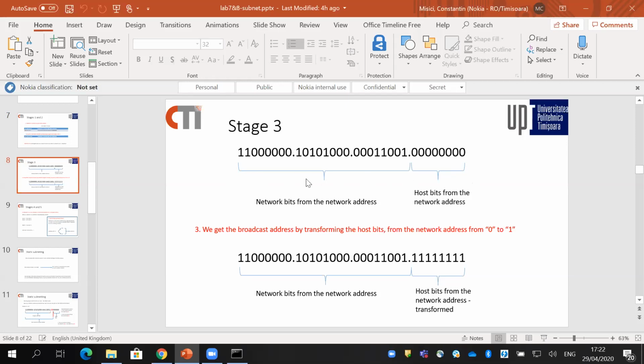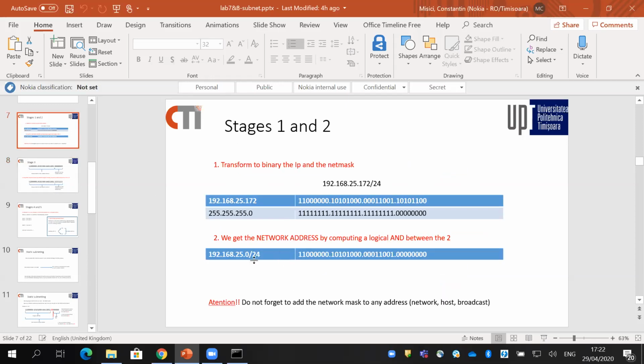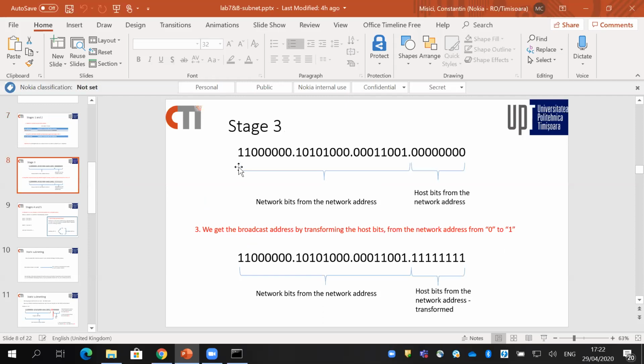These 2 categories are separated by the network mask. In our case, the network mask was /24. That means we had 24 ones in the network mask. The first 24 symbols of the network address represent the network bits. The last ones represent the host bits.